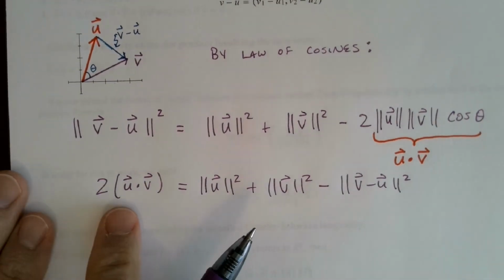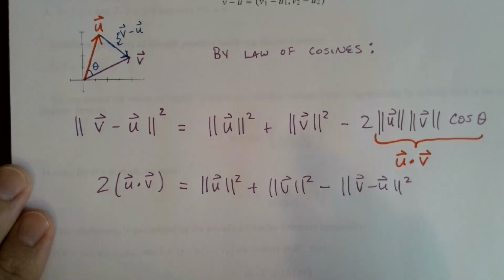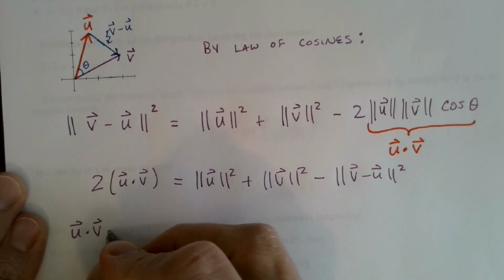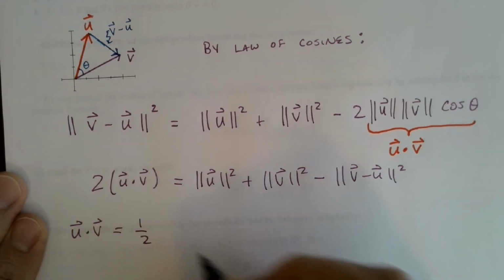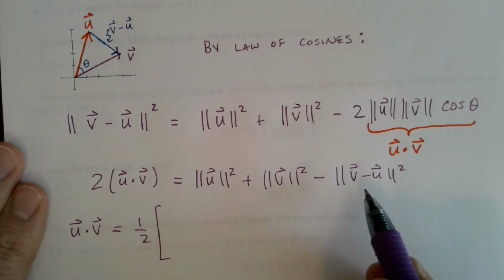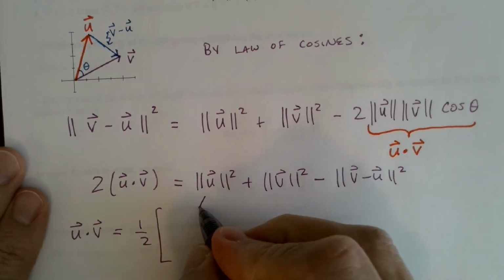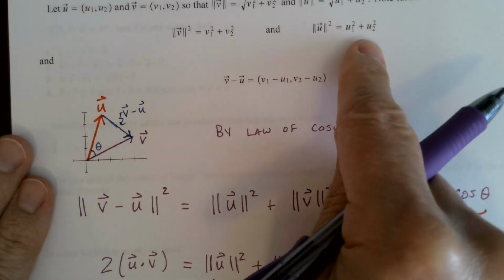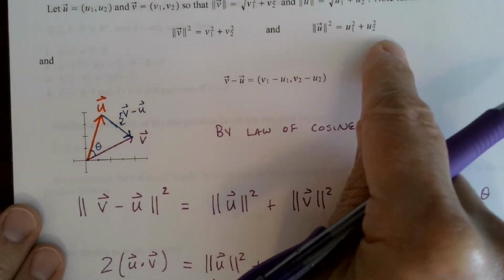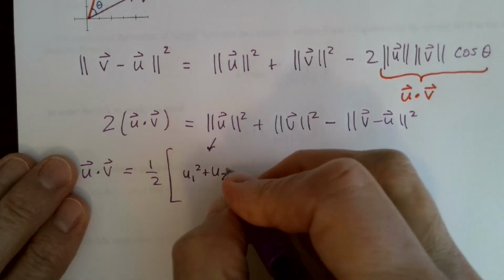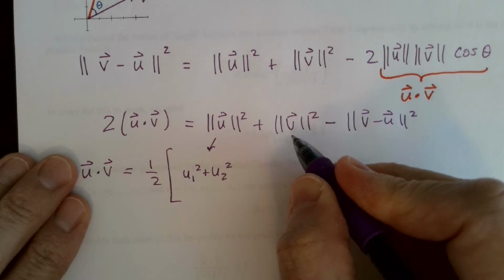And then to solve for this, I'm just going to multiply both sides by a half. So let me do 1/2 times all this stuff. Now I'm going to rewrite this stuff in terms of its component form. So first of all, what's the magnitude of u squared? Well, we already talked about that. That's the sum of the squares of its components, u1 squared plus u2 squared. And what's the magnitude of v squared?